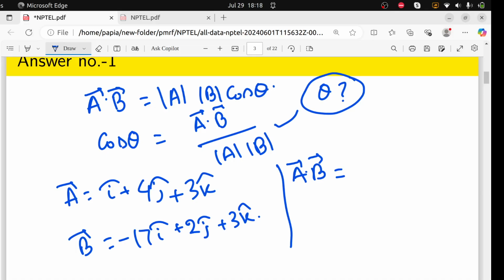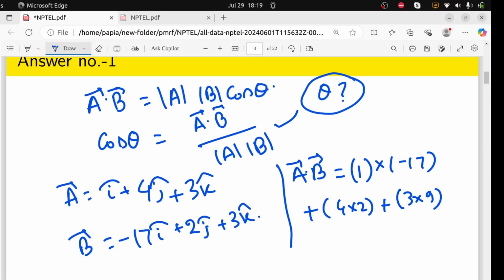So as a whole I can write 1 into minus 17 plus 4 into 2 plus 3 into 3. So the result is minus 17 plus 8 plus 9, so it is minus 17 plus 17, which comes as 0. Now you can see A dot B equals 0.